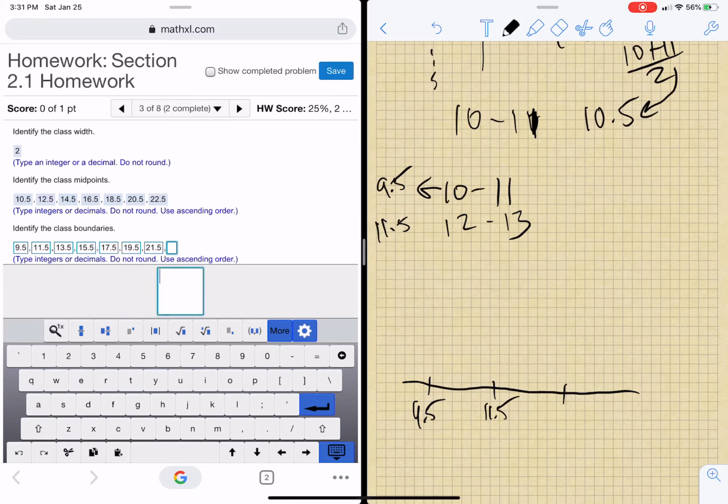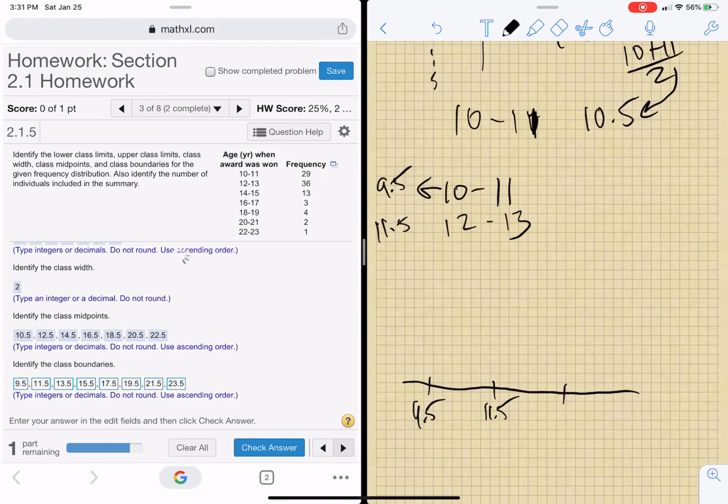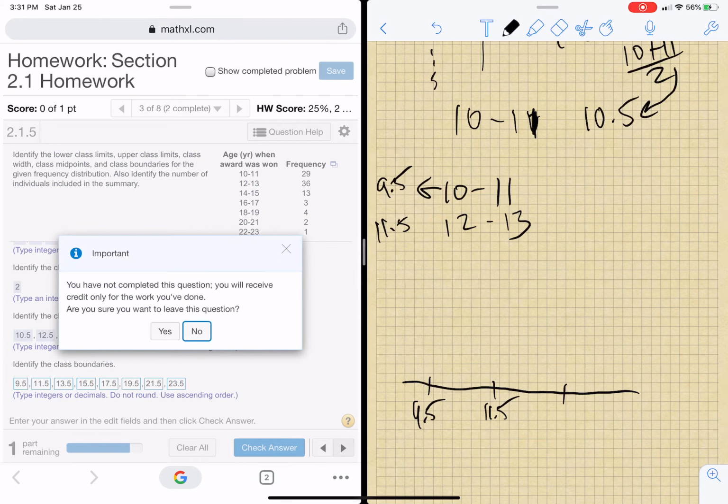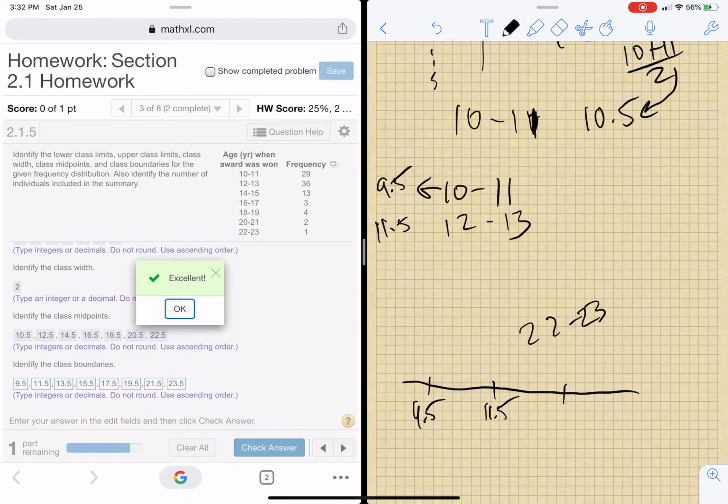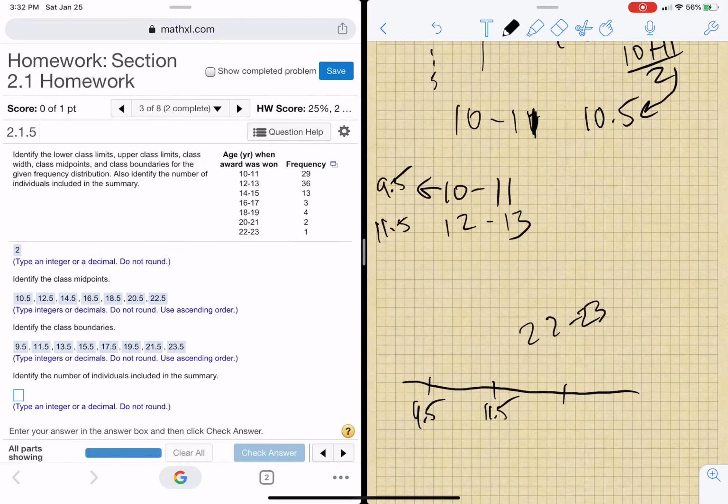The last one should always be a half more than the largest class. See the 23 on the last class, the 22 to 23. Your biggest class boundary should be a half bigger than that. I'm not doing another one of those if it comes up. I apologize.